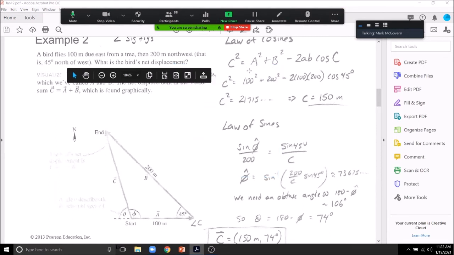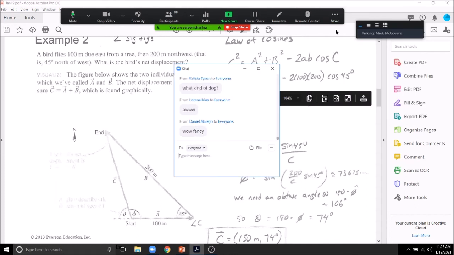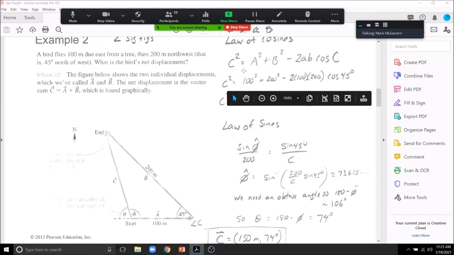So, yeah, we have another dog. It's a husky shepherd mix or something. One dog looks really pretty and the other one looks ugly as hell. One is beautiful.